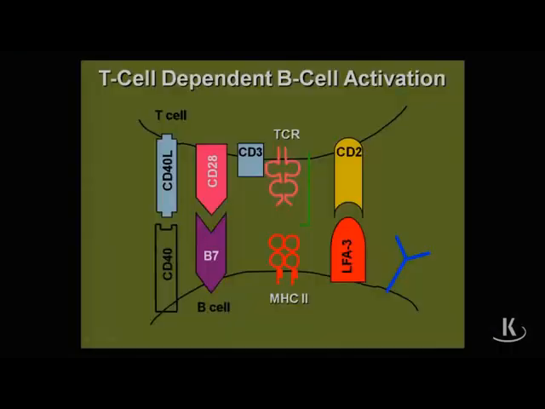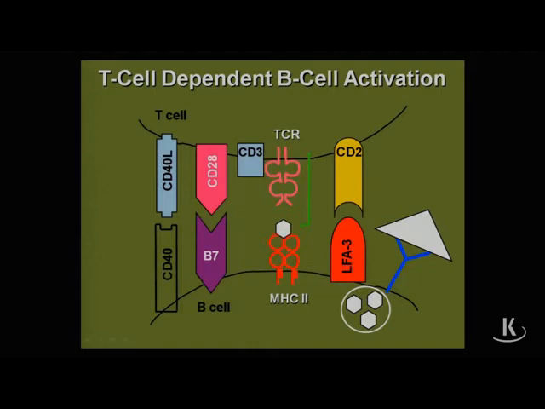We're now going to look at a little bit of an animation just to show you a little bit of the temporal regulation of how that occurs. Again, T cell interacting with a B cell. The B cell is functioning as an antigen-presenting cell. So the first thing it has to do is bind antigen, which it does, but specifically through the B cell receptor. Now it will internalize that, process it, and present it through that exogenous pathway.